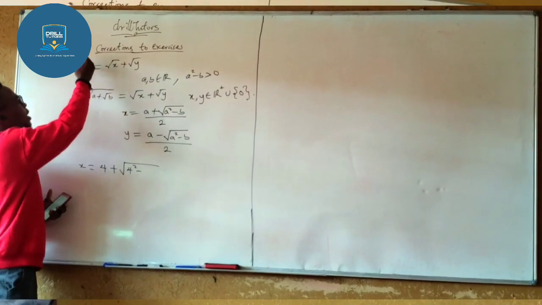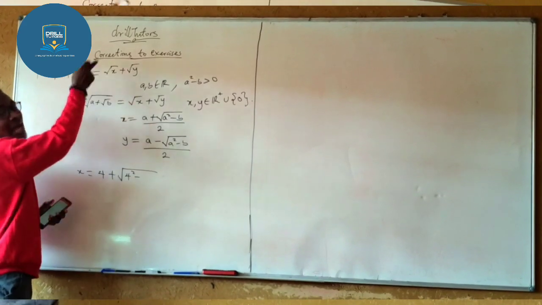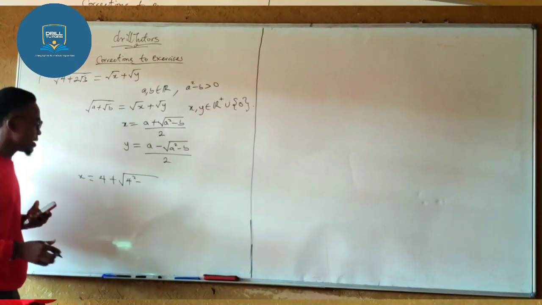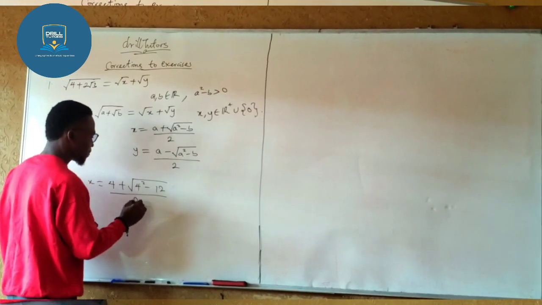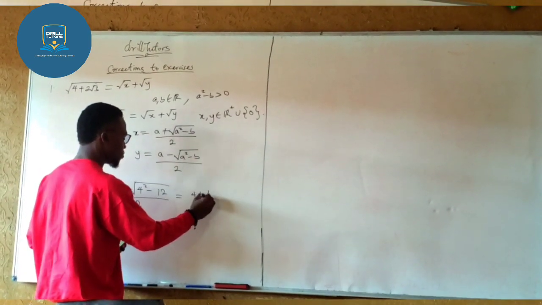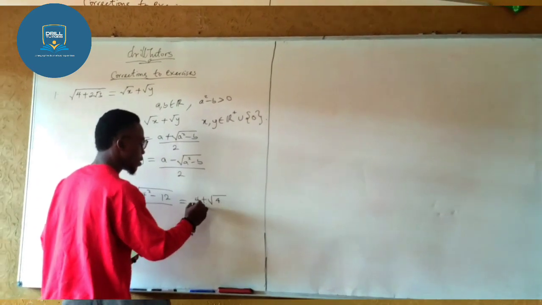So what you do is that you bring 2 inside into the root, and that gives you 3 times 4, which is 12, telling you that the value of b is actually 12. All over 2. Which is the same thing as 4 plus root 16 minus 12, which is 4, all over 2.